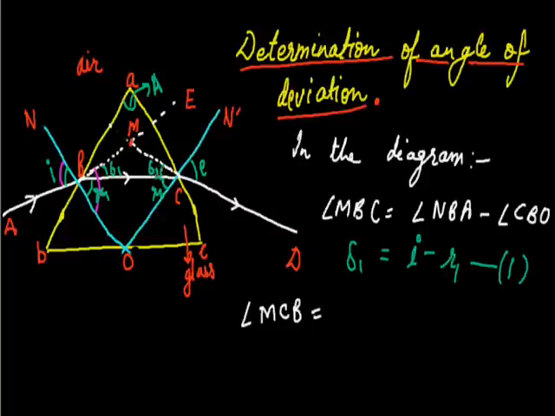It is the angle of deviation, which is the angle between the refracted ray and the incident ray's direction. So this is the angle which shows how much the refracted ray has been deviated from its original path. So angle MCB is equal to angle NCD minus angle OCB.